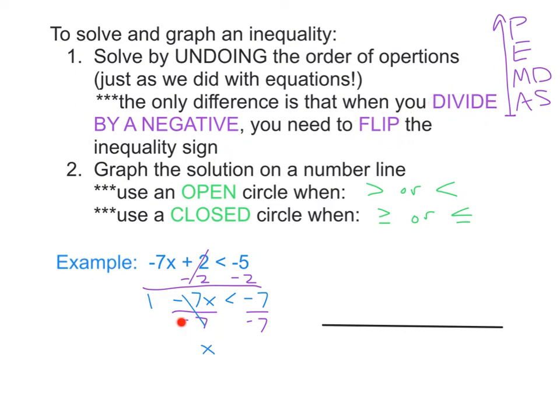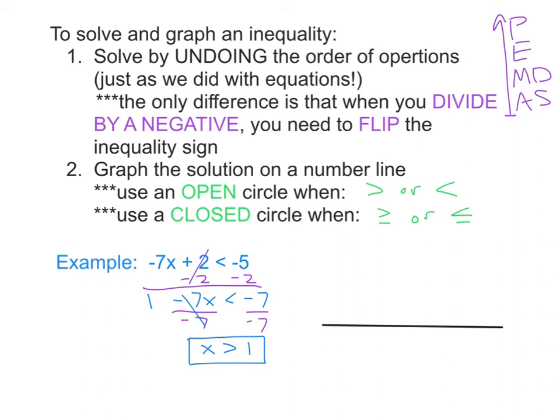Did I divide by a negative right here? Sure did. So this less than sign needs to flip and become a greater than sign. And now we have negative 7 divided by negative 7. Negative divided by a negative is positive, and 7 divided by 7 is 1. So our solution set is where x is greater than 1.